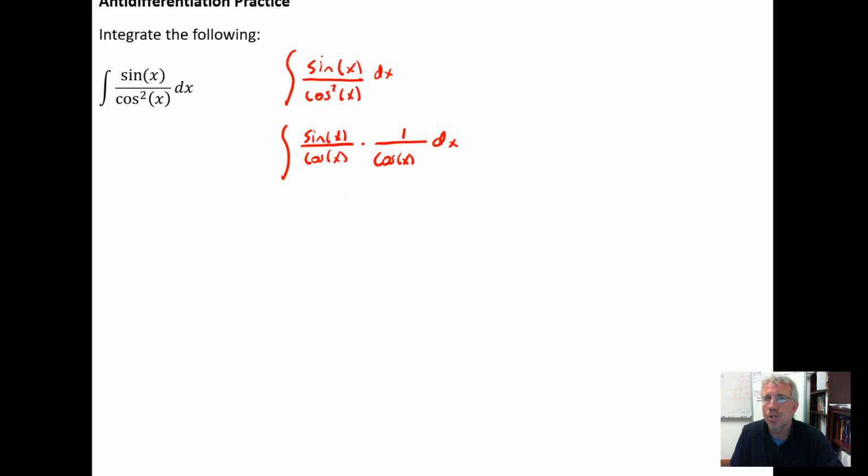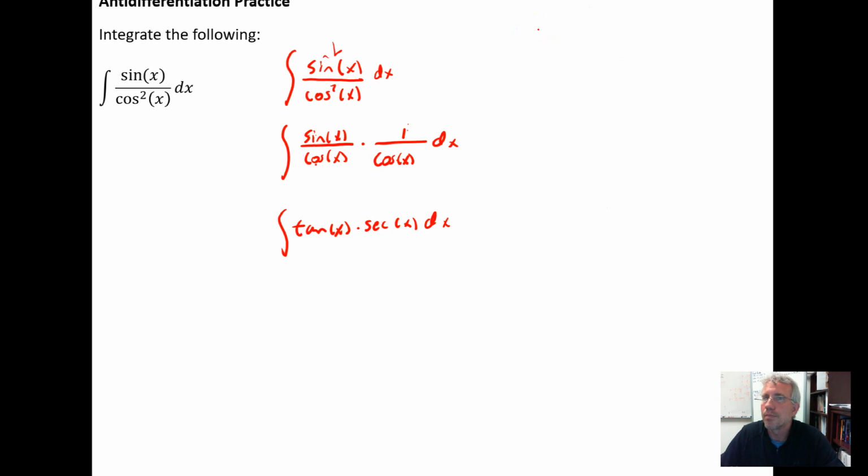So this is equivalent to the original expression, because sine times 1 is sine, and cosine times cosine is cosine squared. So I've just rewritten it in a different looking but equivalent form. And then I want to recognize that the sine over the cosine is just the tangent function. So that's the tangent of x times, and 1 over the cosine is the secant function. So I get tan x secant x dx.